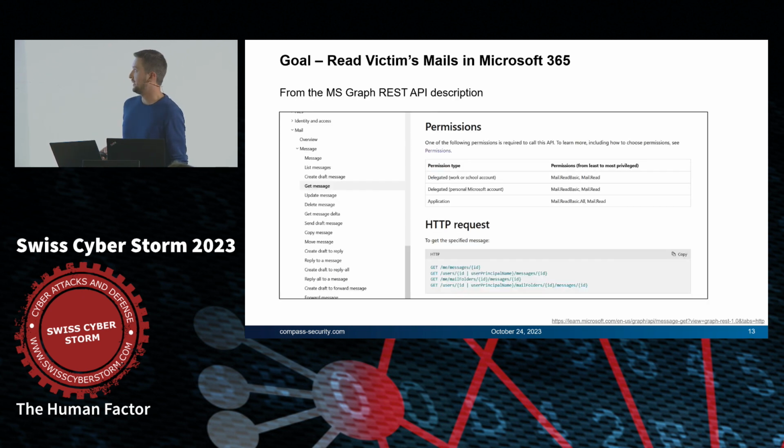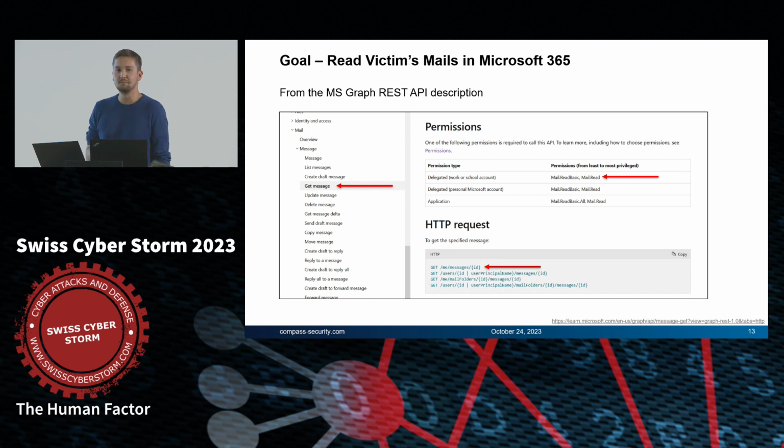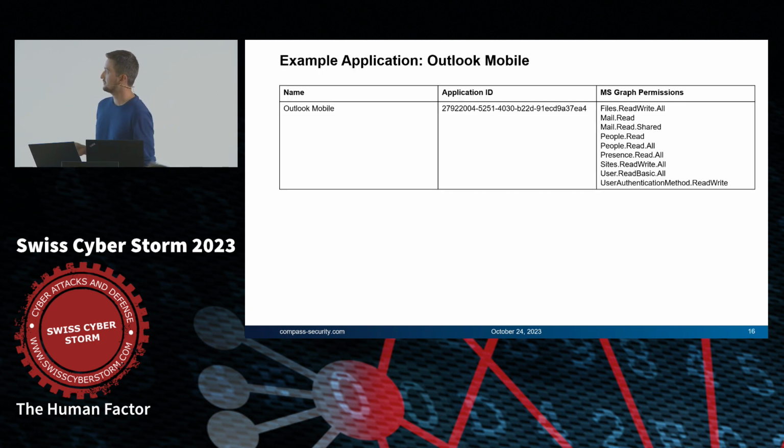If we Google a little bit, we find the MS Graph REST API description. We quickly find the get message method and the corresponding API call. We also see that we are required to have the Mail.Read permission to access this API endpoint.